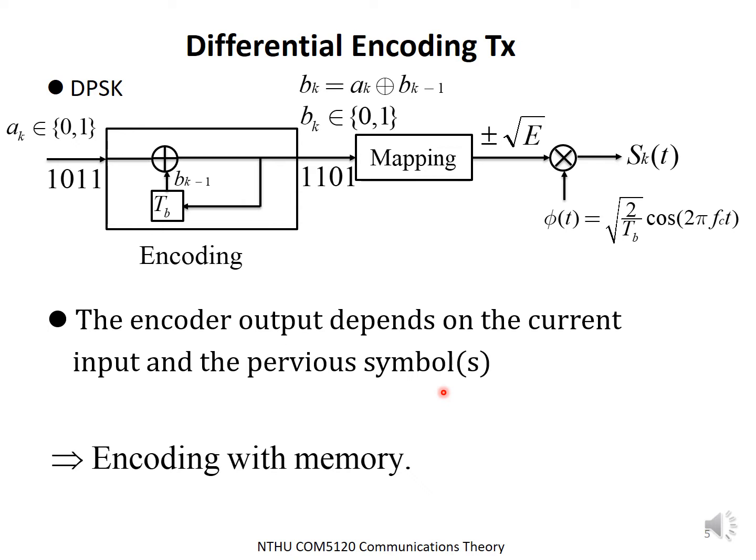Okay, maybe you would ask, why do we need this kind of modulation with memory? To answer that, this is so that we can decode the message from the difference of the phase, not on the absolute value of the phase.